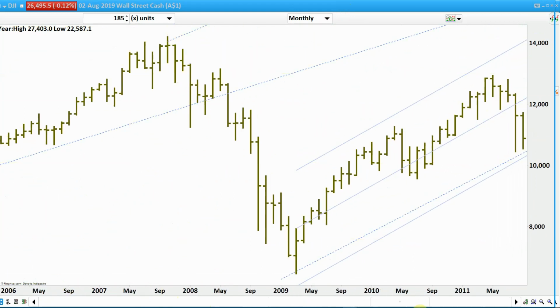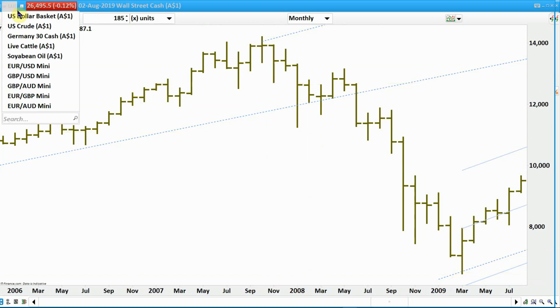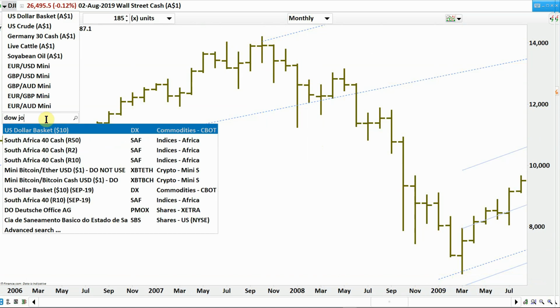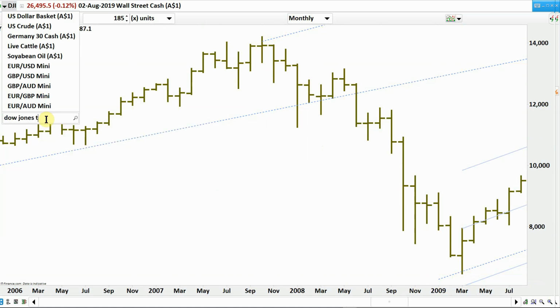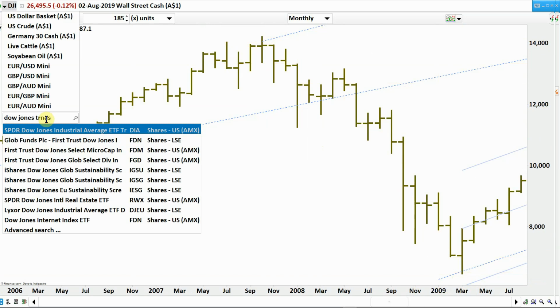From October 2007 to March 2009, the Dow Jones came down, the world market came down, and with this the transportation index for Dow Jones. I don't know whether they are still plotting it or not. So you can write Dow Jones Transportation Index. Is it there?